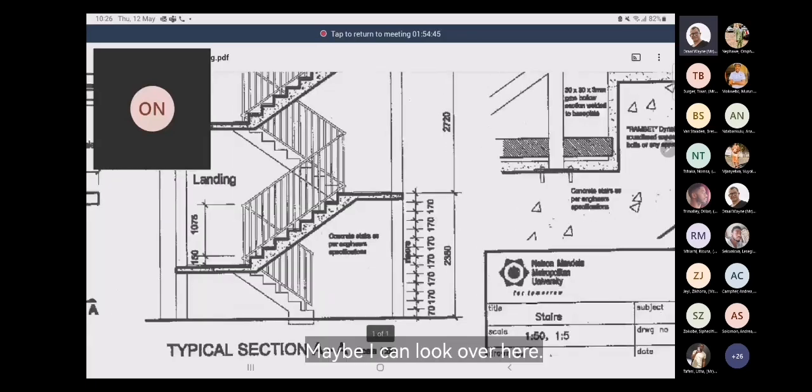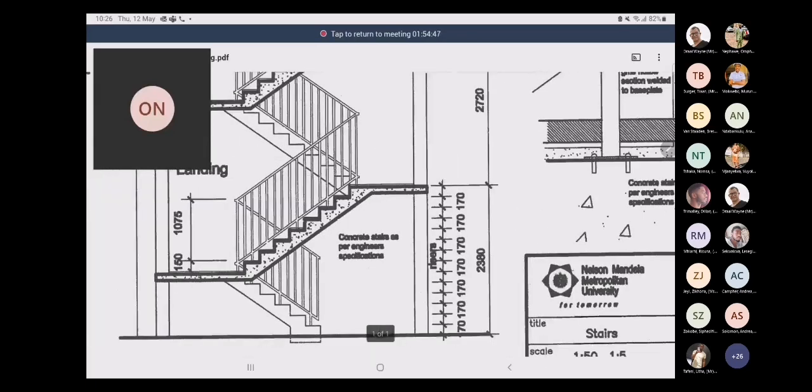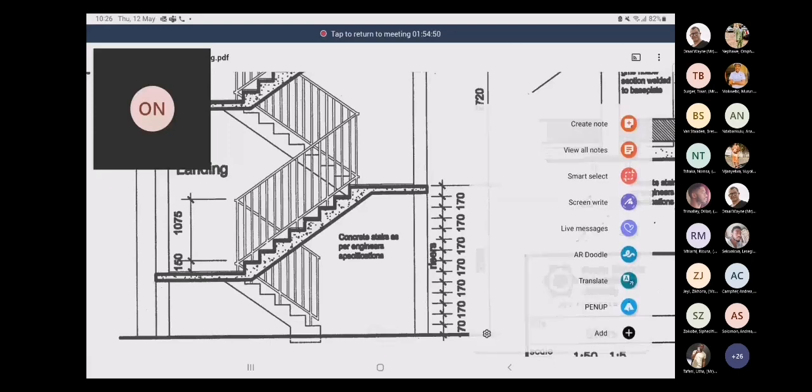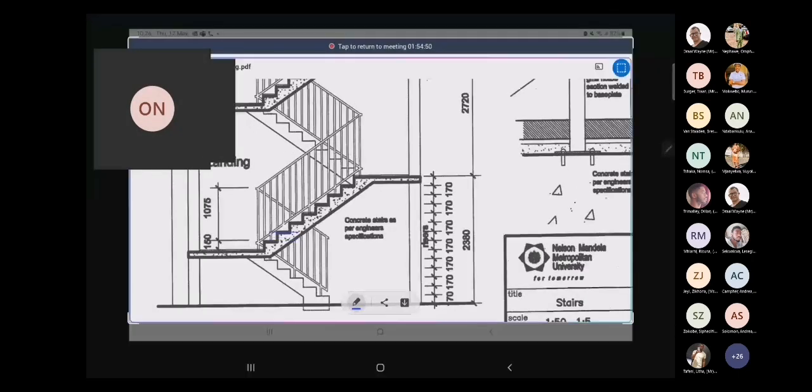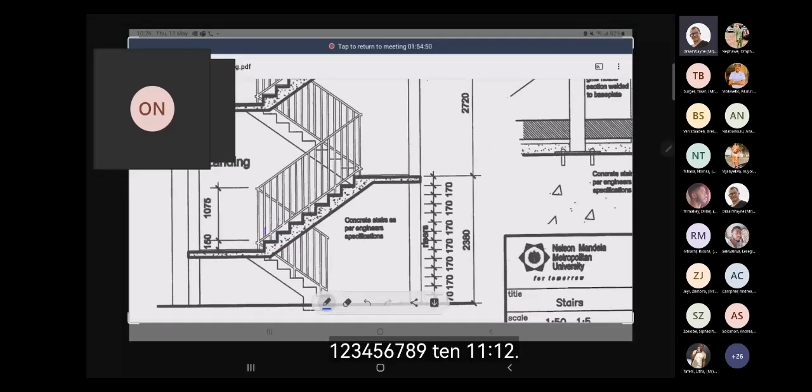Maybe I can look over here. 1, 2, 3, 4, 5, 6, 7, 8, 9, 10, 11, 12. Then I have 12 of those, and I have times 4 rakes.